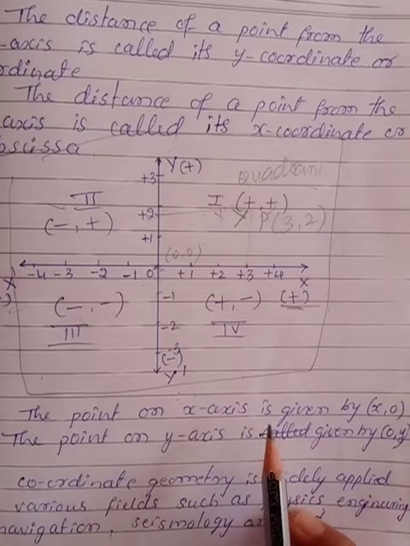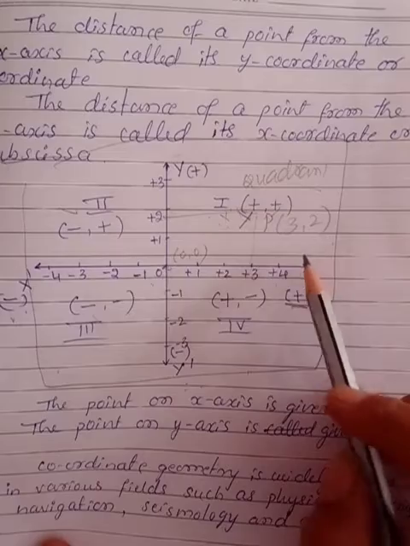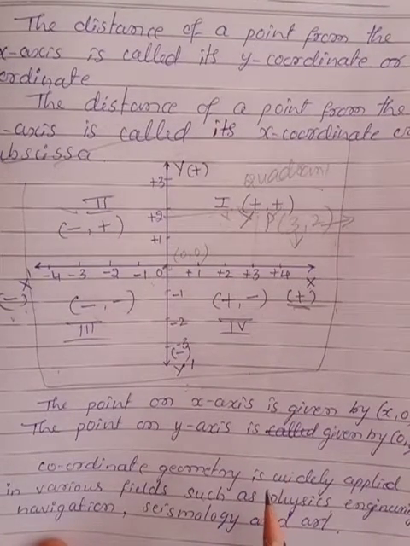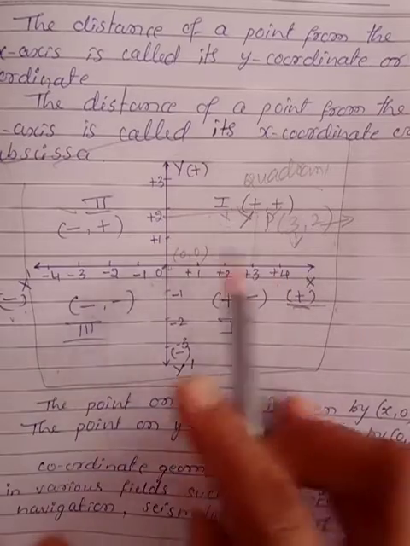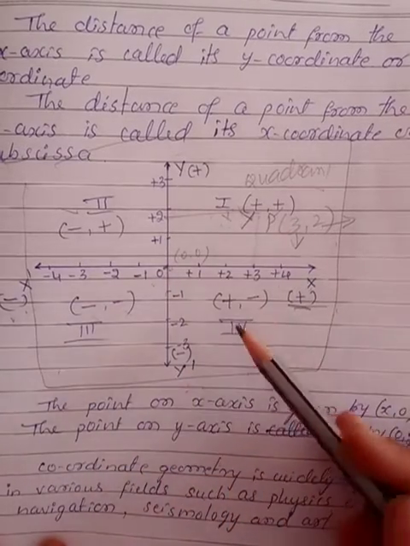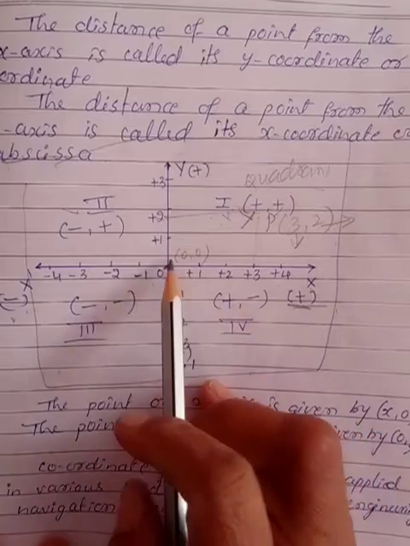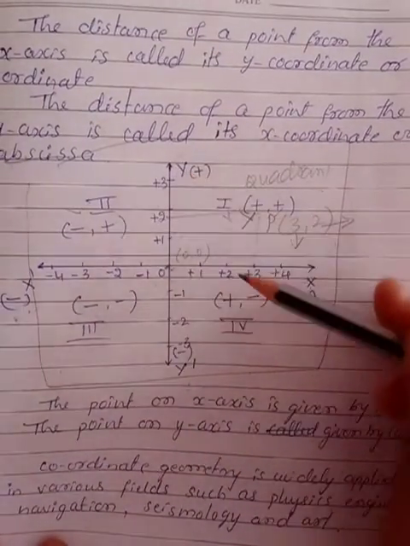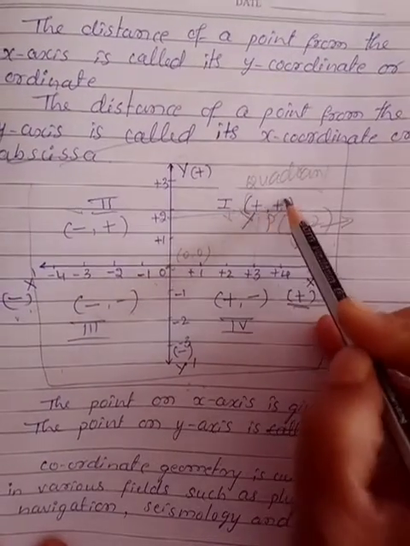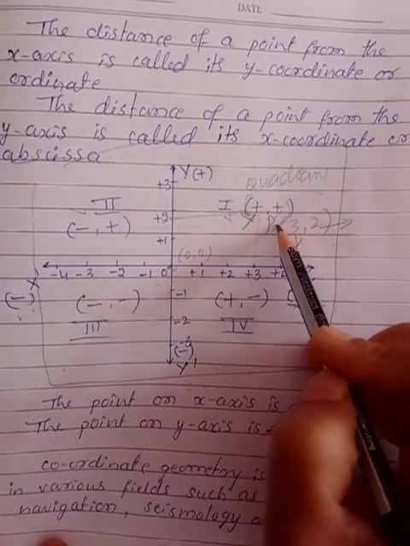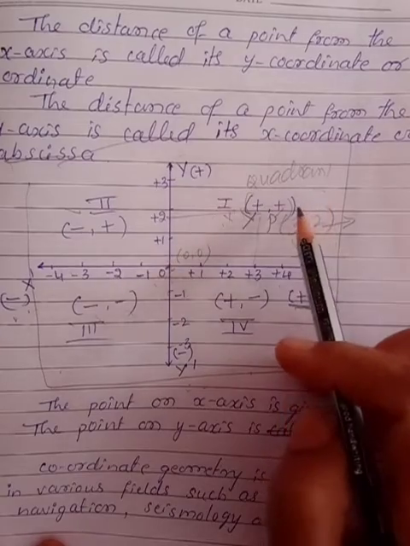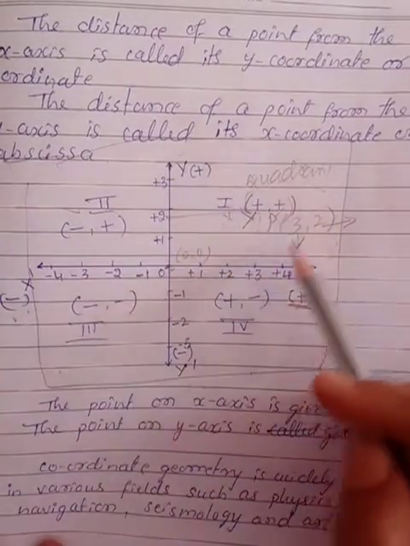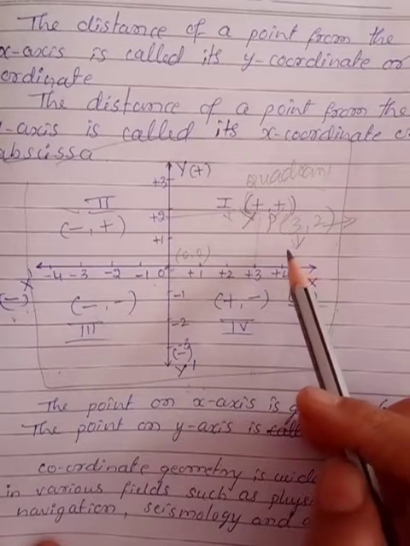That is, abscissa should come first, then ordinate. Here all the values of x and y are positive. That's why the sign of the first quadrant is always plus, plus. If x and y are both positive, those points are always in the first quadrant.